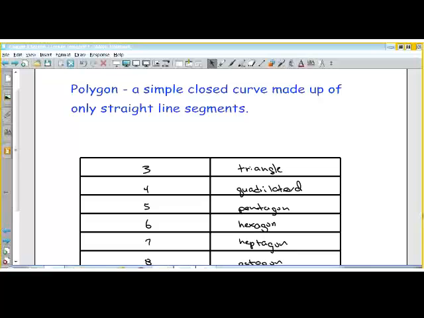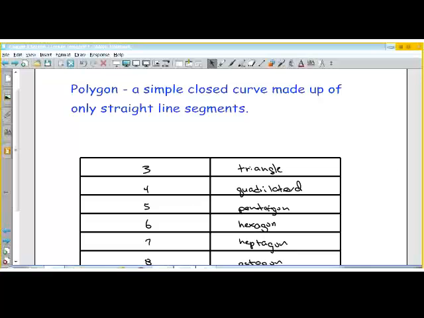If you go to 4 sides, then you have a quadrilateral. There are special cases of quadrilaterals, which we'll talk about: parallelograms, rectangles, squares, depending upon the relative position of the sides and the angles associated with them. But a general 4-sided polygon is a quadrilateral.